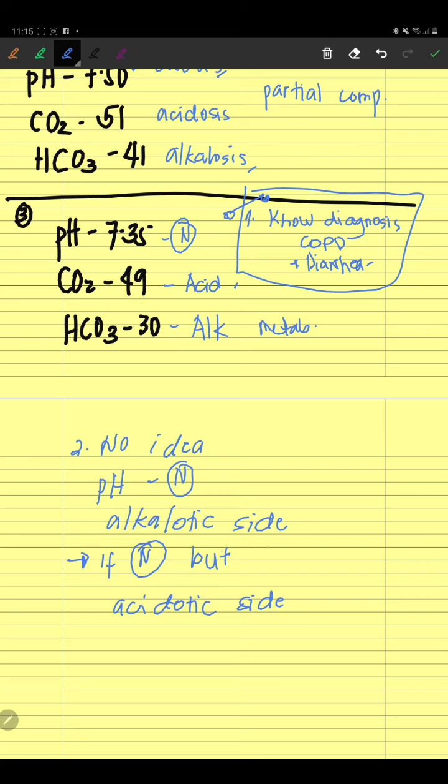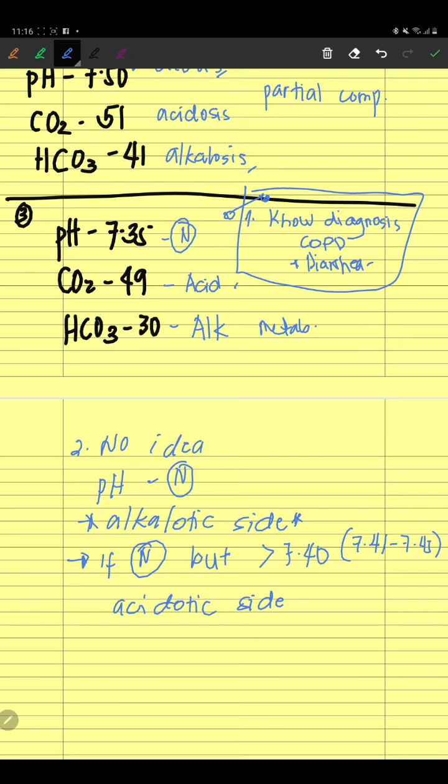the value of pH is more than 7.40, ibig sabihin, kung yung level niya is 7.41 to 7.45, which is the normal range ng ating pH. Kasi in the case of your fully compensated, di ba, normal talagang pH. Kung value ng pH is 7.41 to 7.45, that is in its alkalotic side.